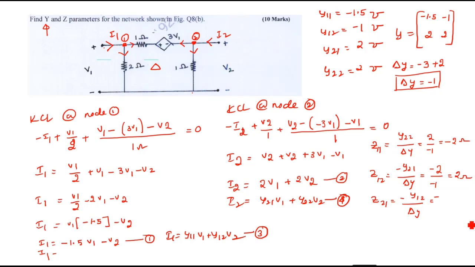Here it is minus 1. Minus into minus is plus 1 divided by minus 1. Here it is minus 1 ohm. Z21 equals minus y21 divided by delta of y. What is y21? It is plus 2 divided by delta of y, which is minus 1, that equals 2 ohm. What is Z22? Z22 equals y11 divided by delta of y. What is y11? Minus 1.5 divided by delta of y, which is minus 1. Here it equals plus 1.5 ohm.